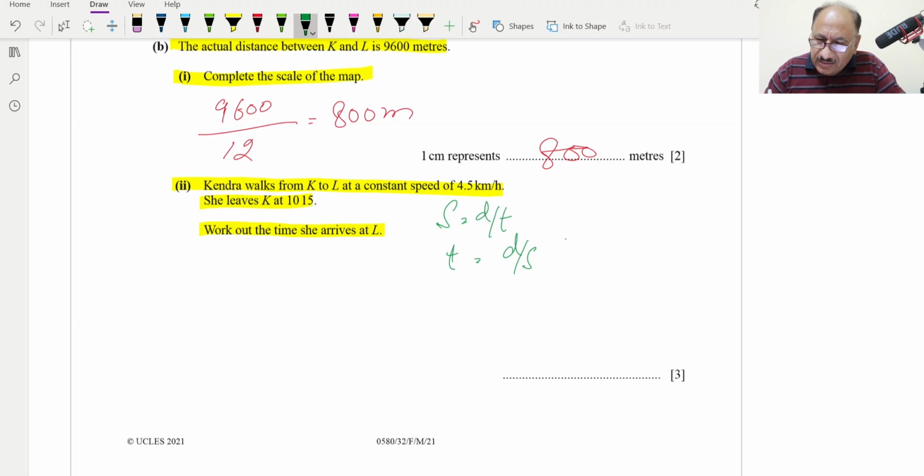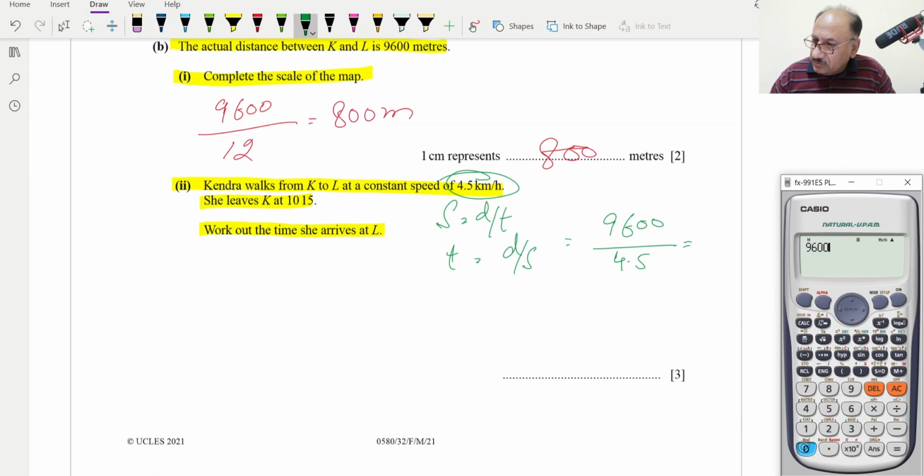Distance is 9600 meters, and speed is 4.5 kilometers per hour, so time will be 9600 divided by 4.5. We have to convert this to meters.